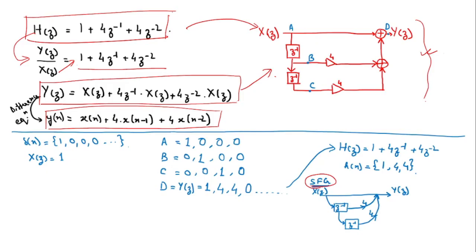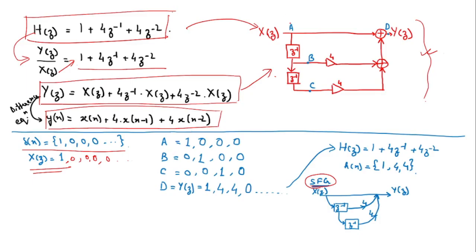Let's find out the impulse response. When we have the input impulse, delta n equals 1, 0, 0, 0, that means our x[n] is equal to 1 followed by zeros, and so on.